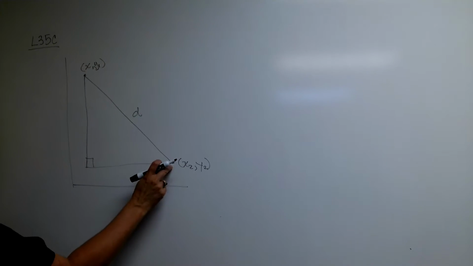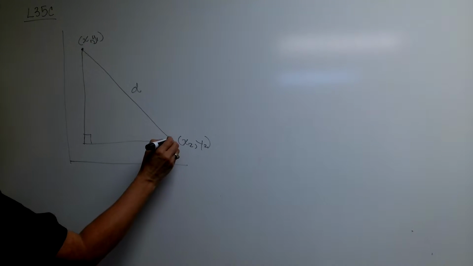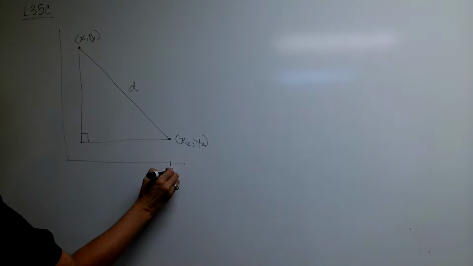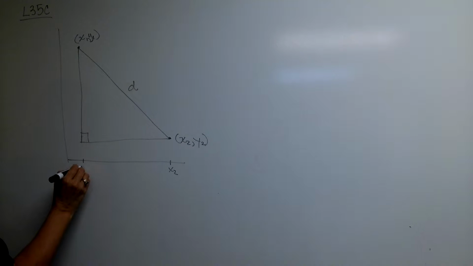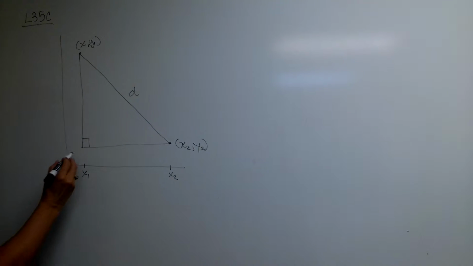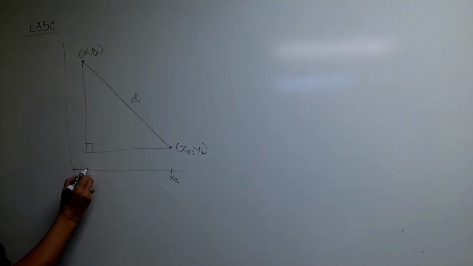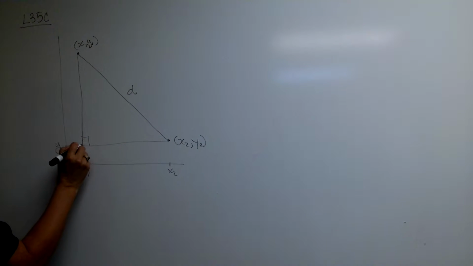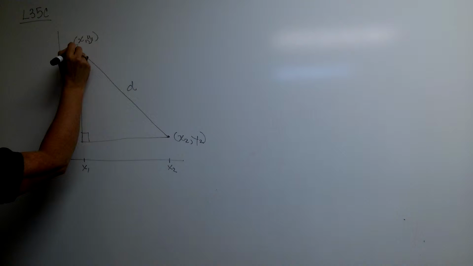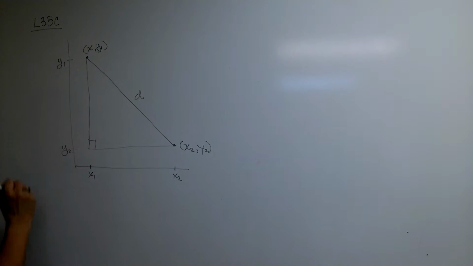So to get to this point, I had to come over to x2. To get to this point, I had to come over to x1. To get to this point, I had to go up to y2, and I had to go up to y1.